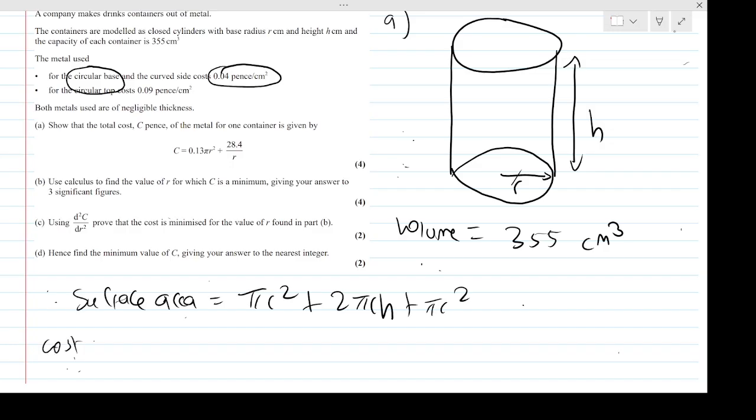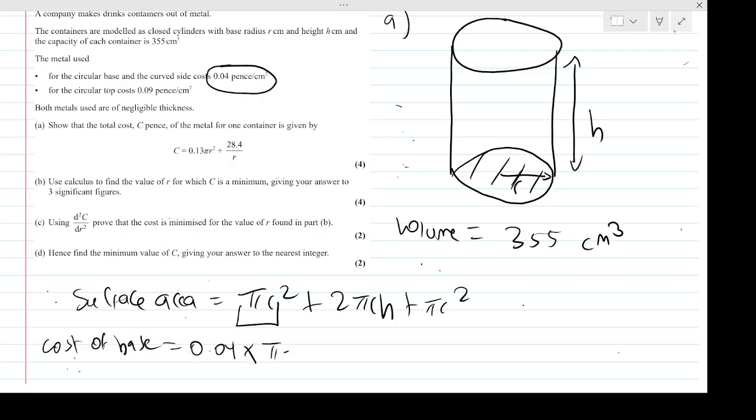So the cost of the base, which is going to be this side down here, the surface area is pi r squared, that's the area, but we're told per area it's 0.04 pence. So the total cost is 0.04 times my area, pi r squared, right? And so that would be 0.04 pi r squared, okay?